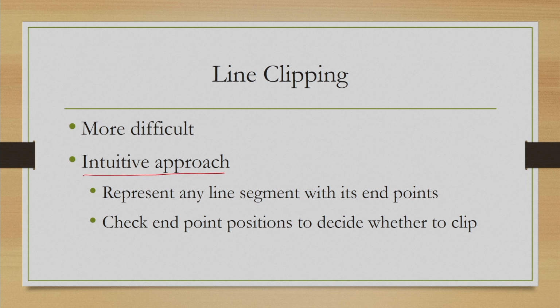We can represent any line segment with its endpoints and then check the endpoint positions to decide whether to clip or not. So, we represent a line with its endpoints, then for each endpoint we apply the point clipping approach to check whether the endpoint is within the boundary or not, and after checking both endpoints we can come to a conclusion whether the line is within the window or not.